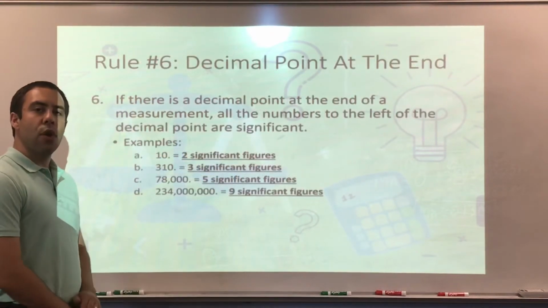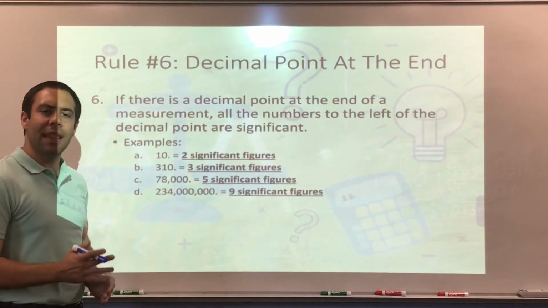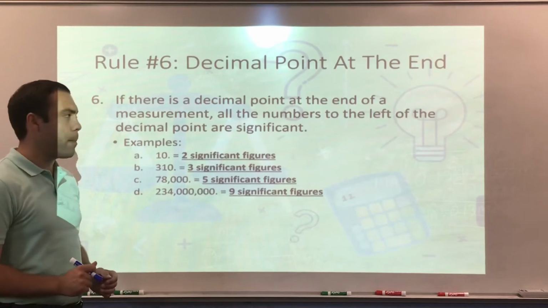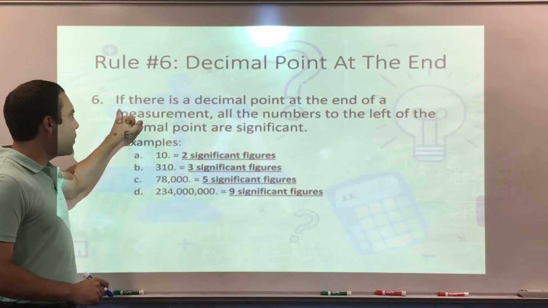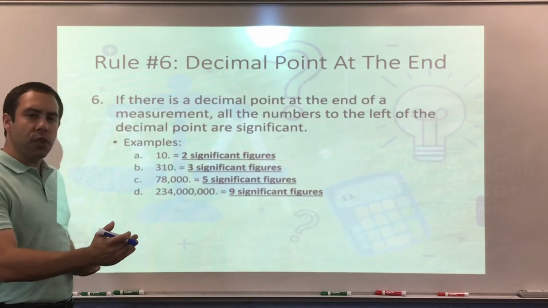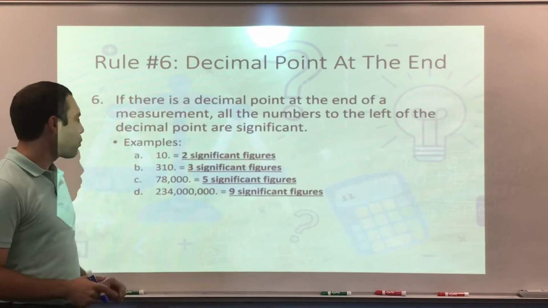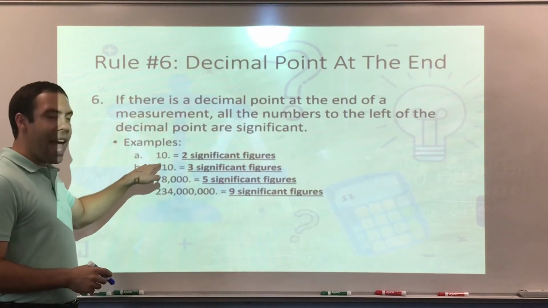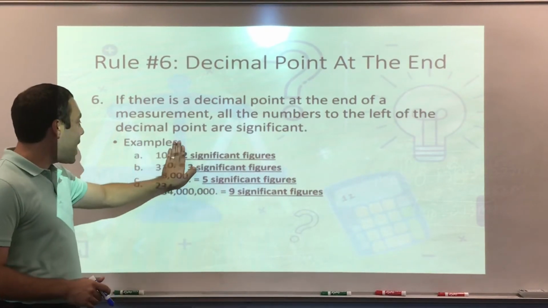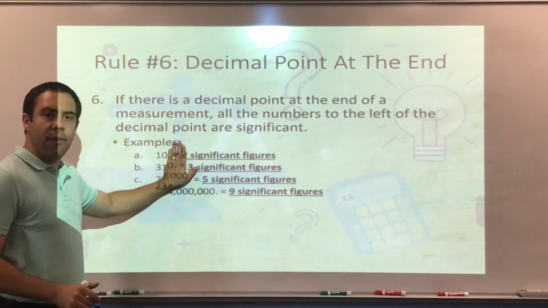And finally, rule number 6 tells us what to do if we have a decimal point at the end of a measurement. Rule number 6 states, if there is a decimal point at the end of a measurement, all the numbers to the left of that decimal point are significant. So for example, A, remember before when we had 10 with no decimal point, that was just one significant figure.